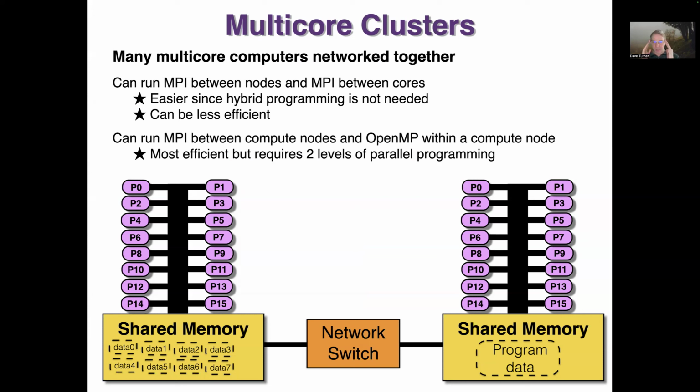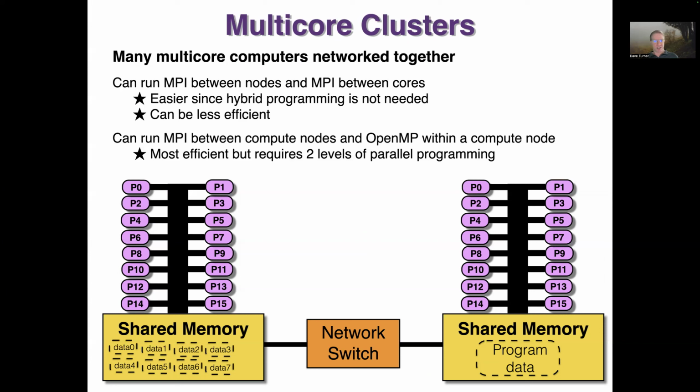So these are shared memory within each node, but then distributed memory between the nodes. And again, if you wanted to program one code to take advantage of both multiple nodes and multiple cores within a node, you can use MPI between the nodes and MPI between the cores. This is easier because you're only doing one level of parallelism.